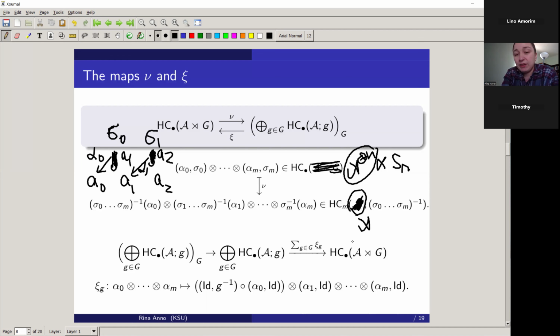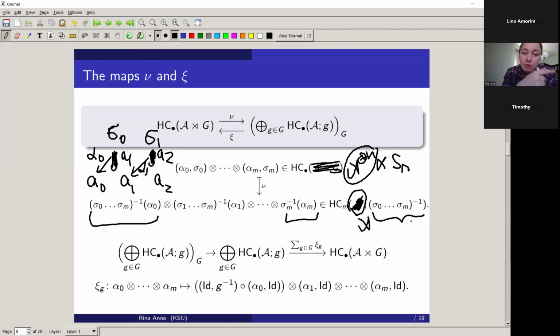The point is that it is almost composable except between this one and this one, and there we need to twist by this element. So we land in the Hochschild chains of A twisted by this element of G, the inverse of the product of all sigmas.